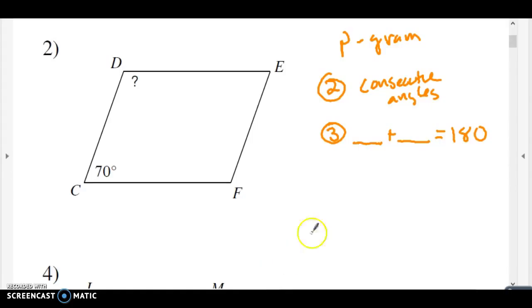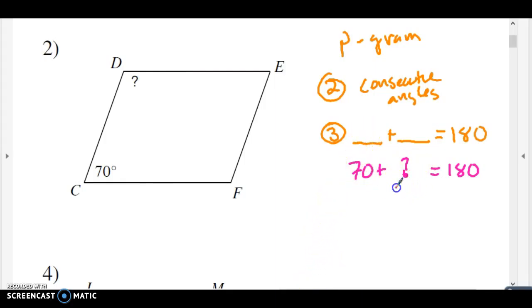So now, just like we did before, let's fill in these missing blanks. Does anyone think they can fill in the blanks for me? Anyone want to fill in the blanks for me? Yes, thank you. Plus question mark equals 180. Now, you don't have to use question mark. You could use x, y, z, but they gave us question mark. Why not use it? It's just a variable. And this is really, really easy to solve for.